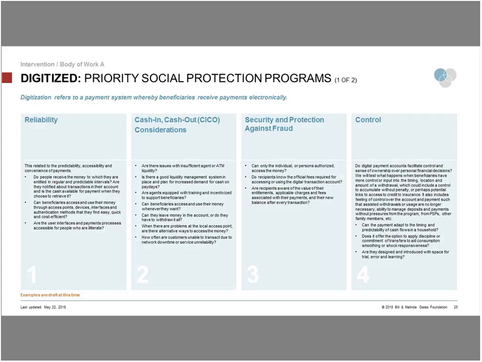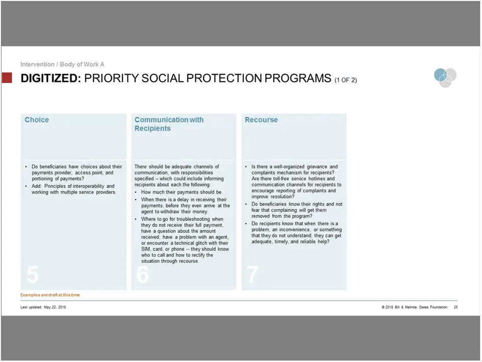And as you read through this, you can see these are not new things, right? This is sort of a checklist of sorts. Have program designers thought through these things? And again, I will send these slides out, so not to worry if I seem to be going too quickly through them. Here's the second page of digitize.